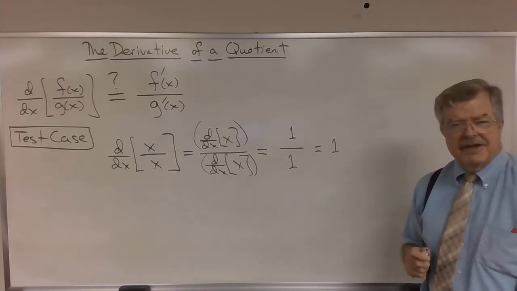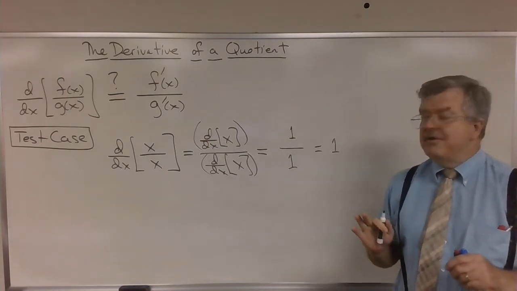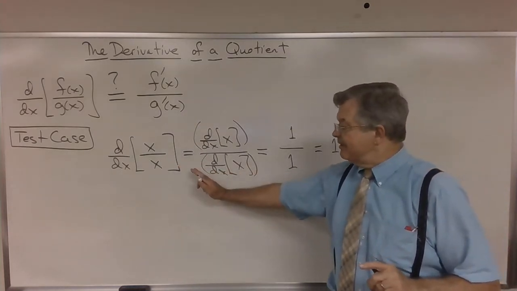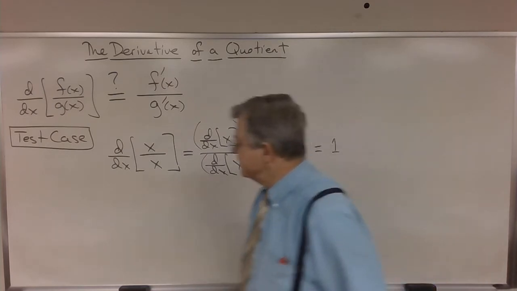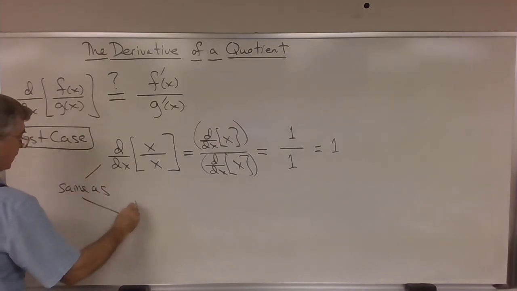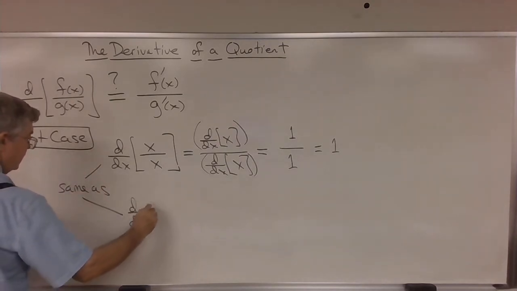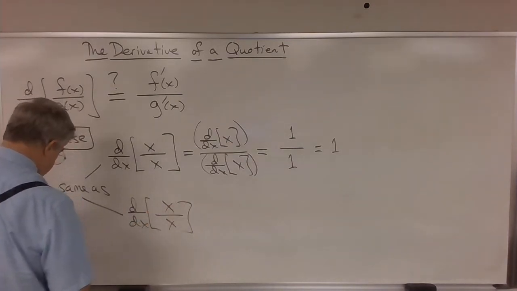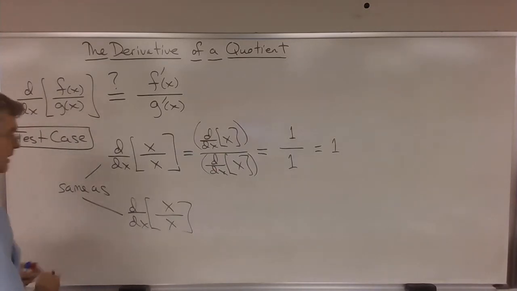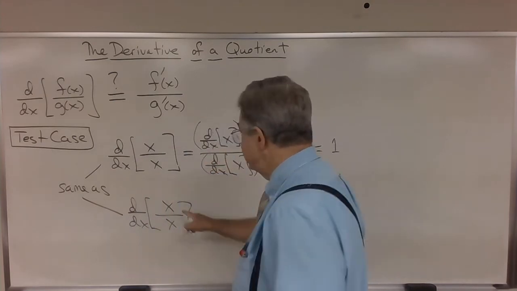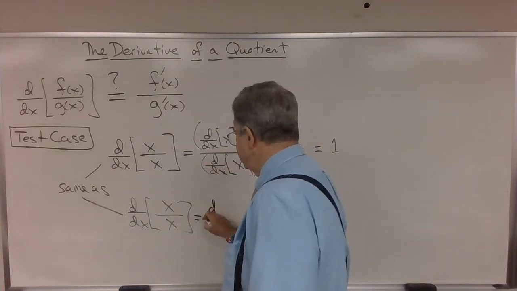Since this is a test case, we need to have another way of computing this derivative that's completely independent of what we did here. So we have the derivative of x divided by x, and the derivative of x divided by x, well, let's see.